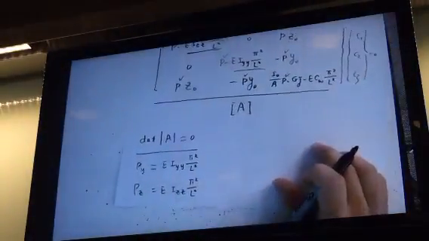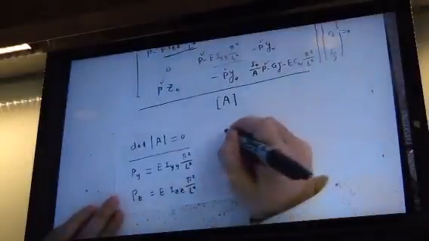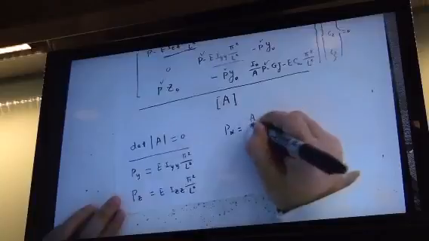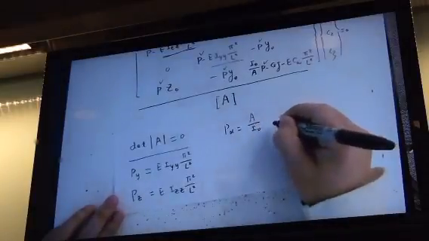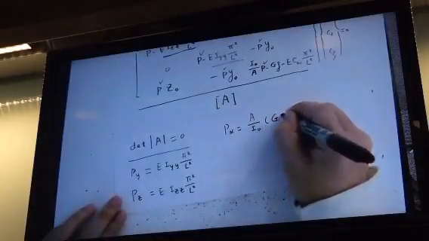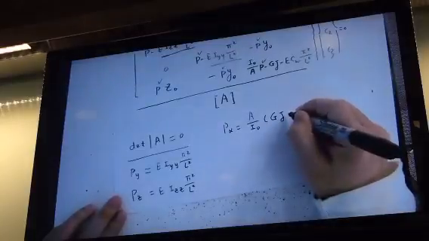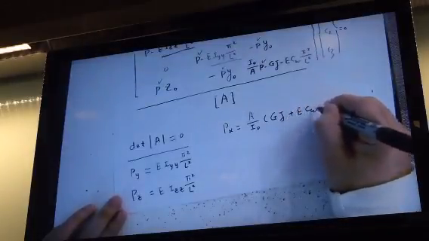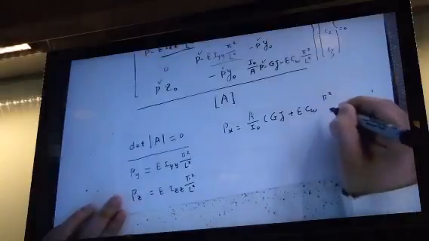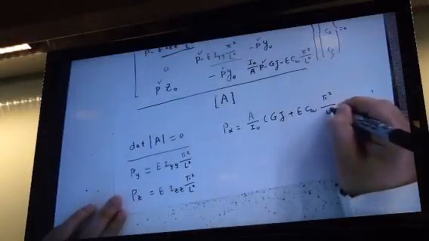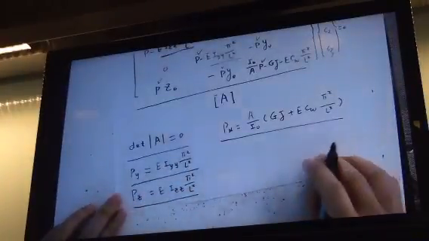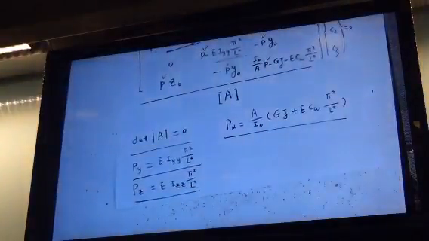Also I'm going to define P alpha equal to A over I0 times GJ plus ECW pi squared over L squared. I define three quantities. This is just by definition and has nothing to do with buckling.